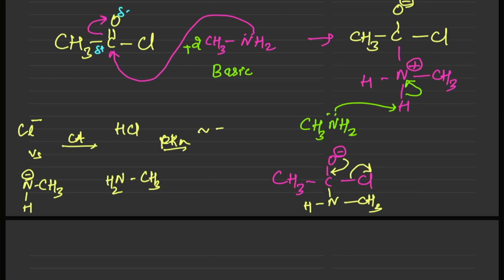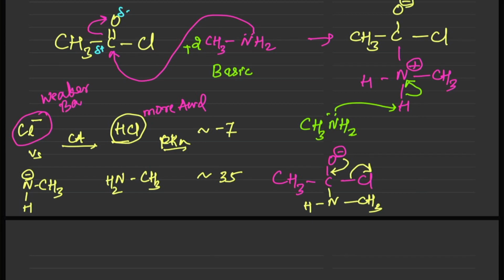HCl is -7. Here it's going to be somewhere close to 35 to 45. I don't remember exactly, but the idea is very basic. So this one is the most acidic. If something is more acidic, the corresponding base is a weaker base. Weaker base means a better leaving group.